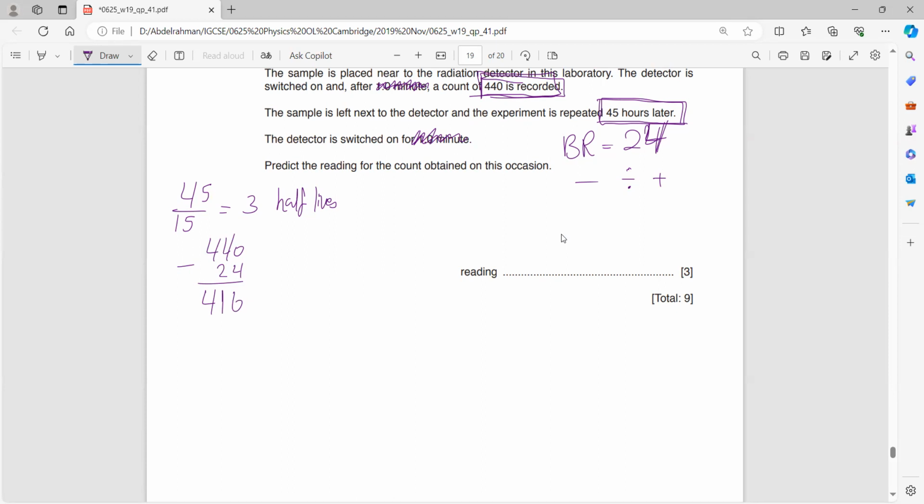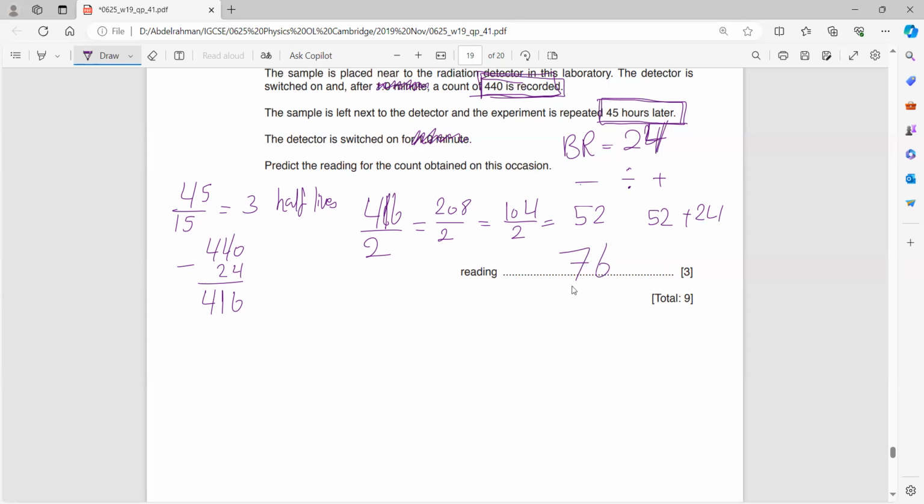Then I will divide this number however many times I need. 416 divided by 2 gives 208. That's the first time. The second time divided by 2 is 104. The third time is 52. Minus, divide, now I will add: 52 plus the 24, the background radiation, gives me 76.